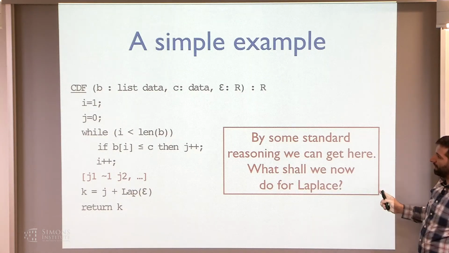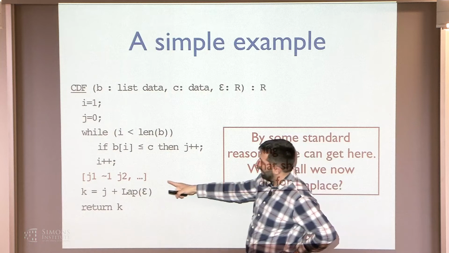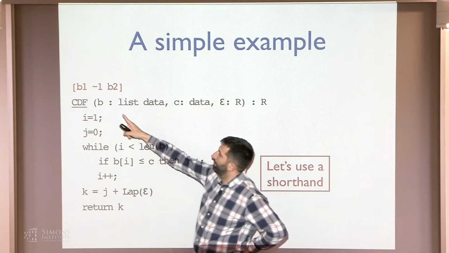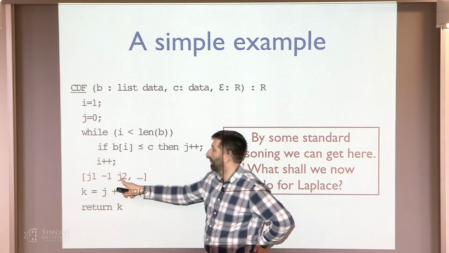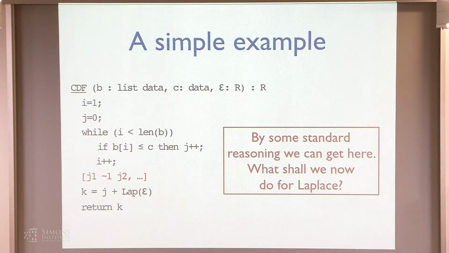In particular, in this example, the adjacency relation we have on the data set will be propagated to the counting. We are counting with CDF, and so this adjacency relation is just propagated to the counting.